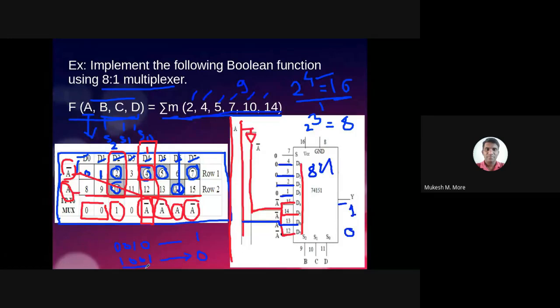When you give this decimal 9 as an input, it will give 0 output. And when 0010 is input, it will give 1 output. The reason is that this minterm is present in the equation and we have designed the circuit for this minterm. We have not designed the circuit for this 1001. So output 0 is there, and for this 0010 output 1 is there.